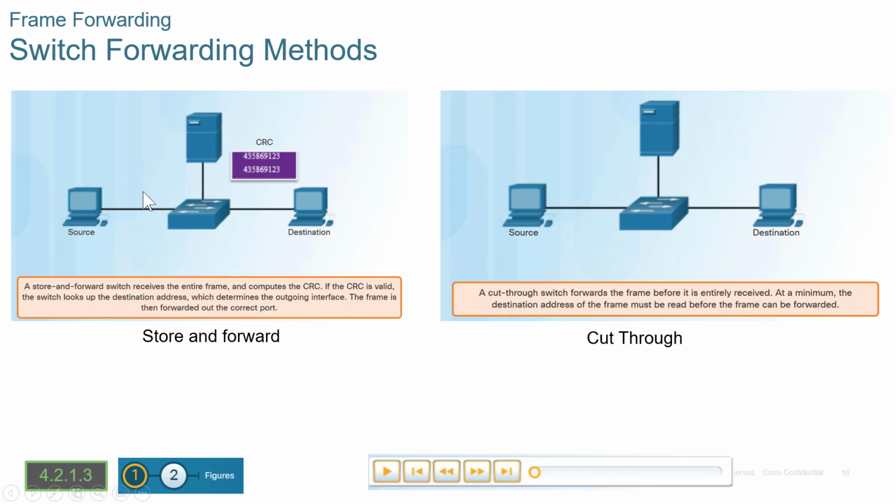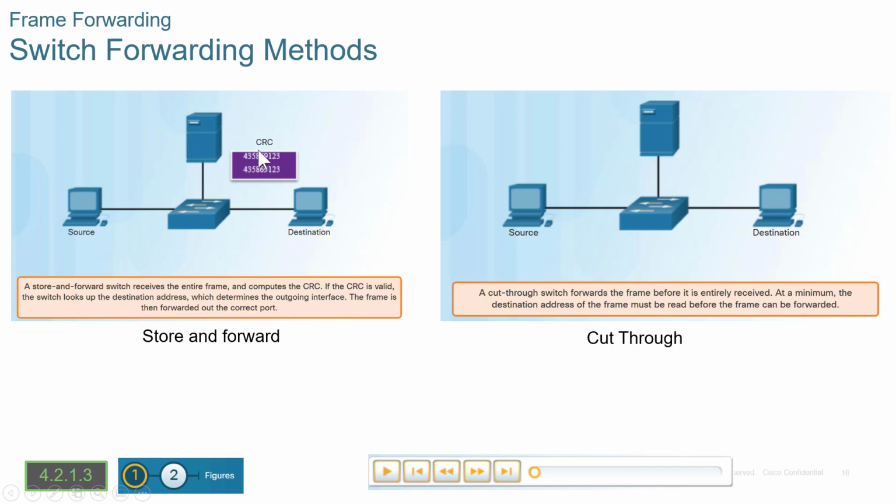But remember that in the trailer of the frame there is a frame check sequence. So when the frame is built, whatever device is building that frame looks at all the data in the frame, all the fields of the frame, and does a mathematical calculation on it and comes up with a number.